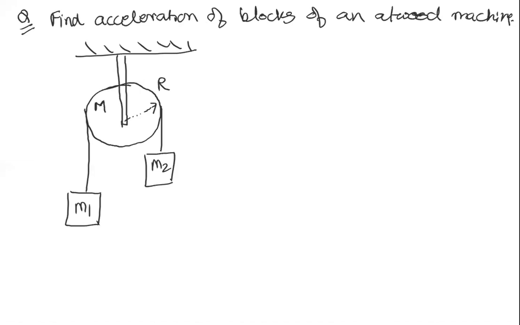So first I look at M1 and I see that it is translating. It is having only the motion of translation. So I draw M1G E1. Now I am assuming, you can assume otherwise, you can assume something completely random. You can assume whatever you want, but you have to be careful.